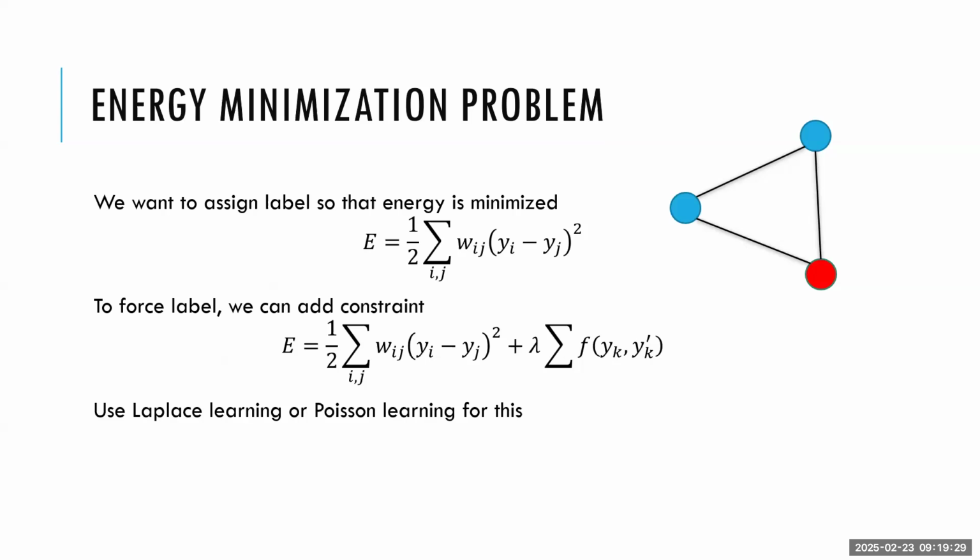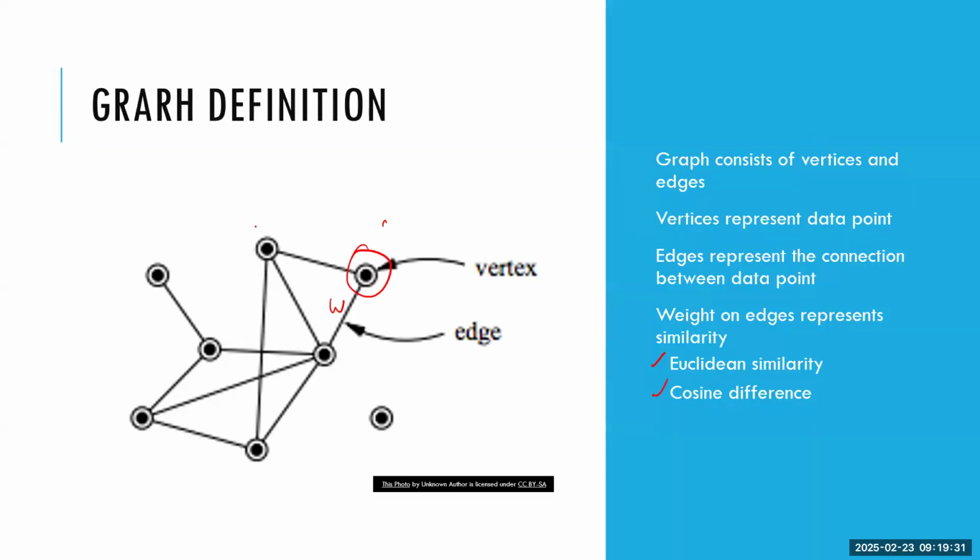For example, let's say I have positive and negative over here. If you want to assign a label for this point, what should it be? Should it be positive or should it be negative? If I create the graph and I have positive over there, negative over there, and the rest is unlabeled, what should be the label of this point?